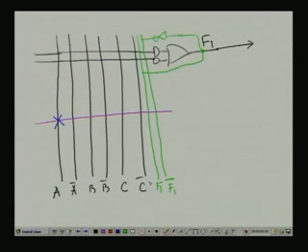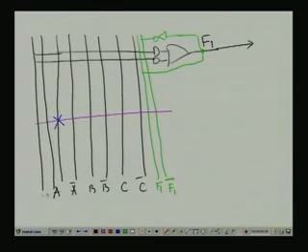So, I need another input, D and D complement. So, this is my D, this is D complement. So, this is my AD. Another is BD.